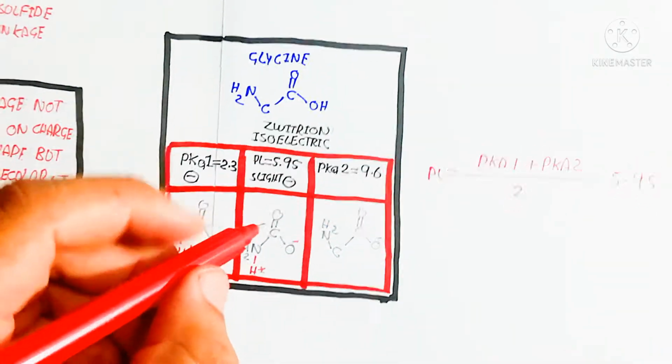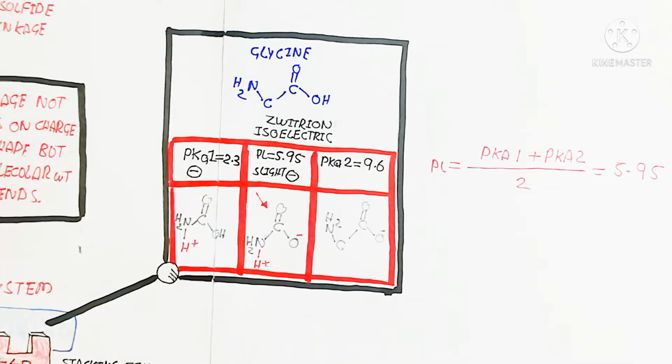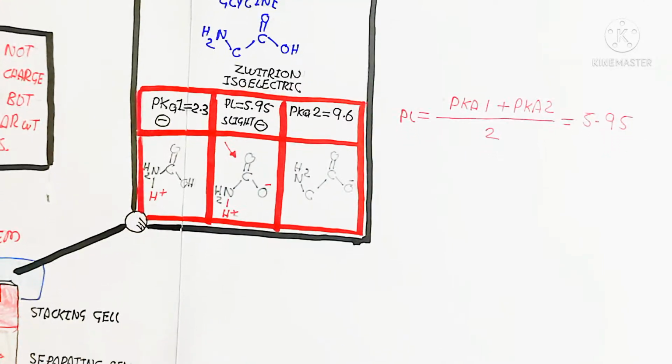So the important thing to understand is that the Tris-glycine running buffer is pH 8.3.